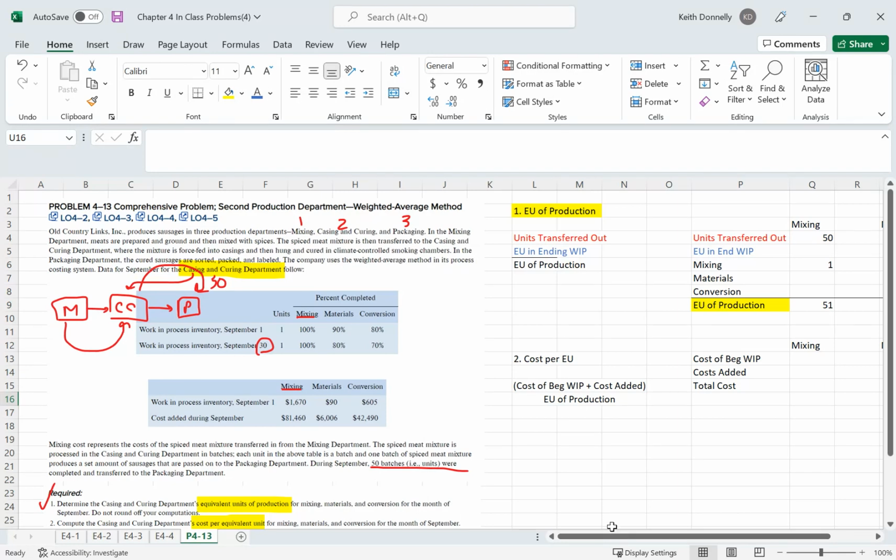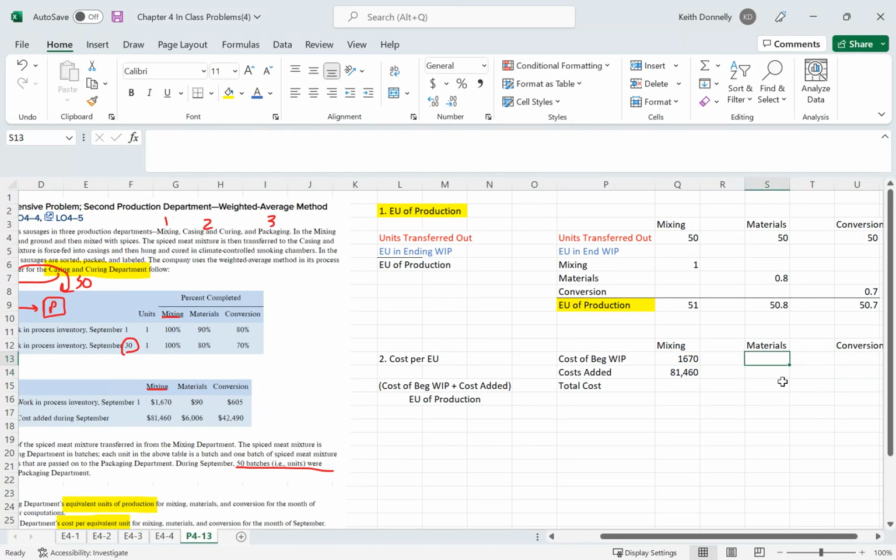So in this way, we're going to here look at our beginning WIP. So we go over here, September 1st. That's why I said you have to be careful if they're asking for beginning or ending. You see how they try to trick you? They give you beginning, ending, or cost added. So in this case, the cost of our beginning mixing was $16.70. During the period, it looks like we added $81,460.